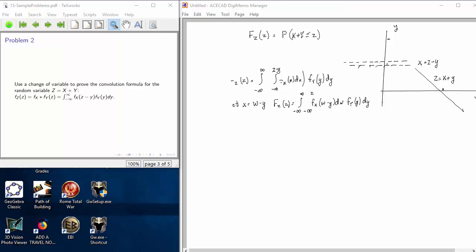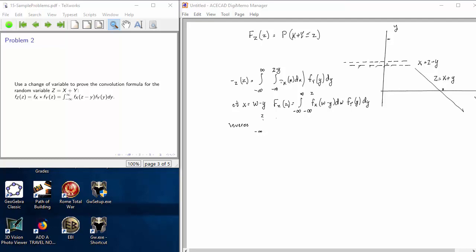Now what I'm integrating over is a rectangle. And I'm just going to reverse the order in which I integrate over the rectangle. What I'm going to do is my second integral is going to be over w from negative infinity to z.